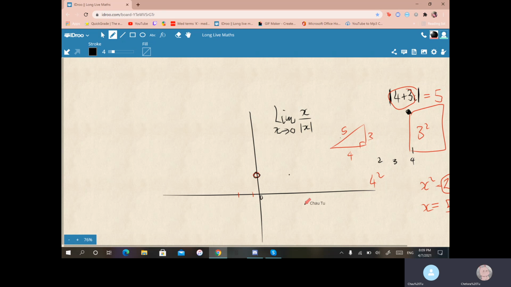This graph, if you try and plot it, what happens when you're at 3, say? Where will it jump to? Because we're trying to draw the graph of x over absolute value of x. 1. So if you do it all along here, it will look like this. What happens when it's 0?